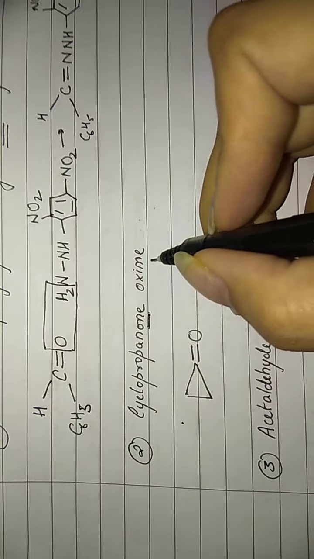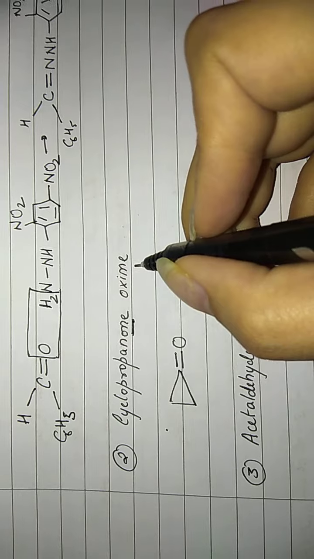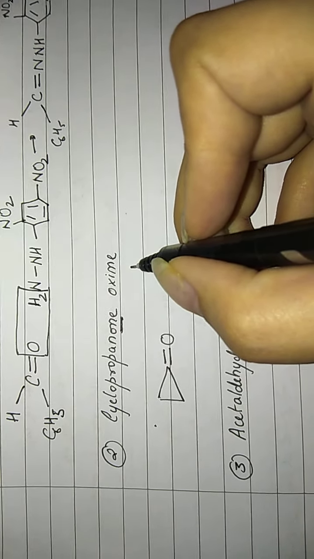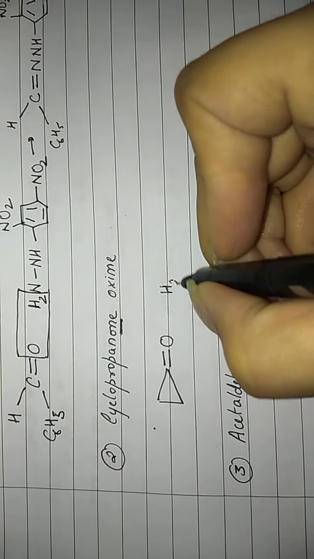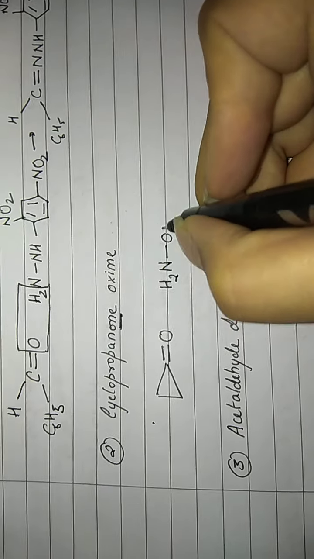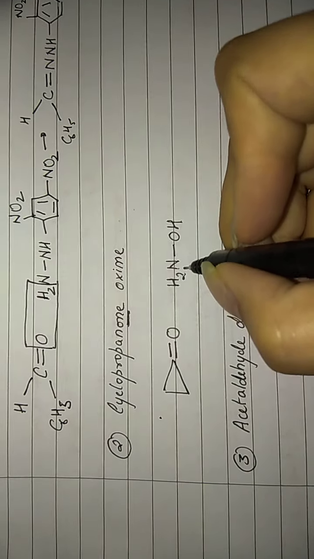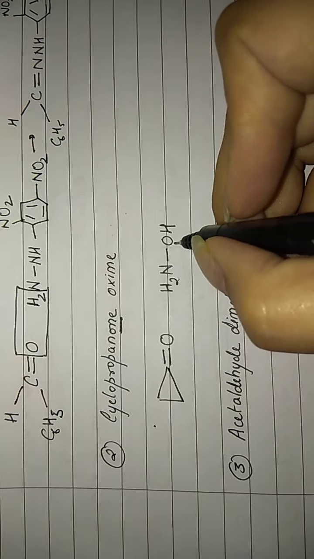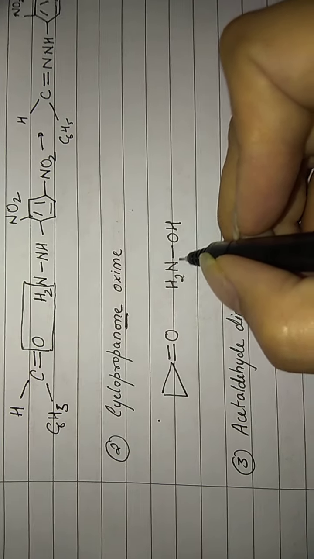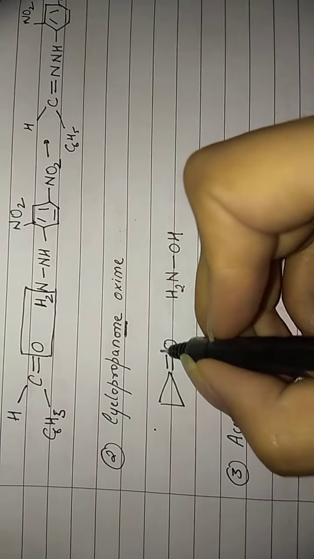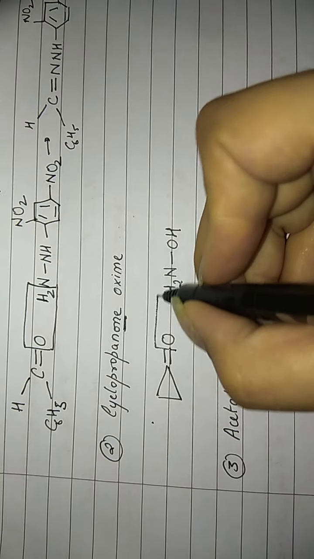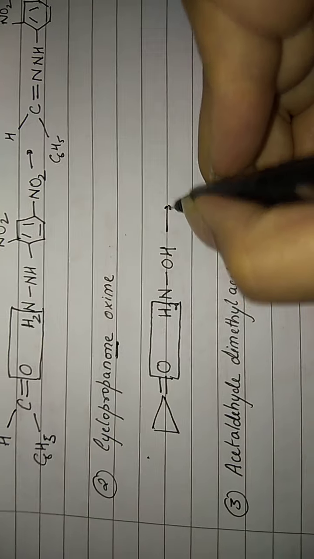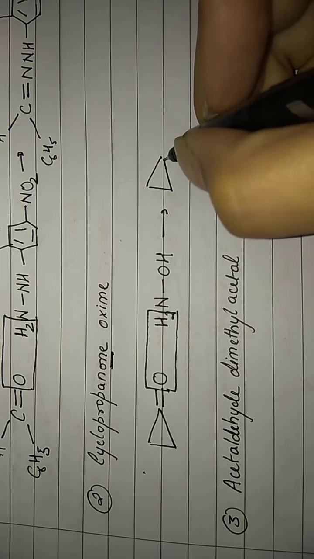Oxime. Now how is the oxime derivative formed? If you have seen the ammonia derivatives, the oxime derivative is formed by using hydroxylamine, which is NH2OH. Why am I writing it as H2N? Because I have to attach my nitrogen to the oxygen atom. That is why instead of NH2 I am writing H2N. Now again I remove water from here and I join the rest of the thing as it is.